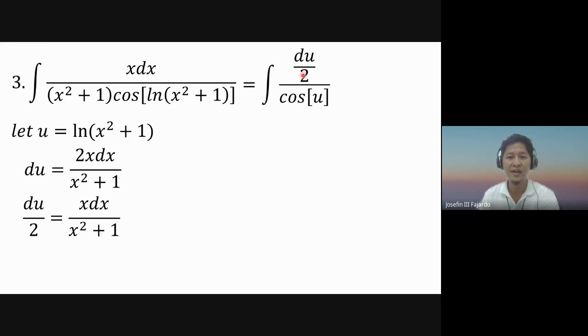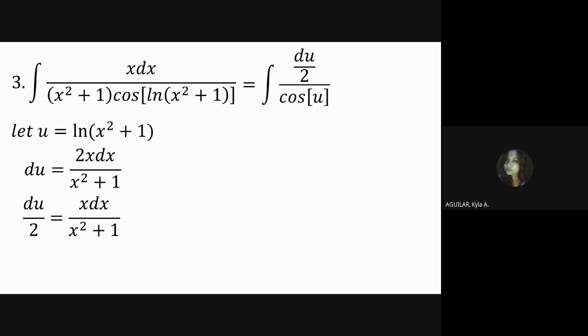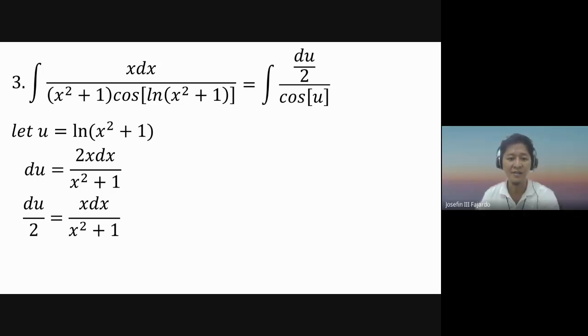And then si 1 half ilabas natin. And then 1 over cosine u. What is 1 over cosine u, guys? Secant, sir. Okay, that would be secant.